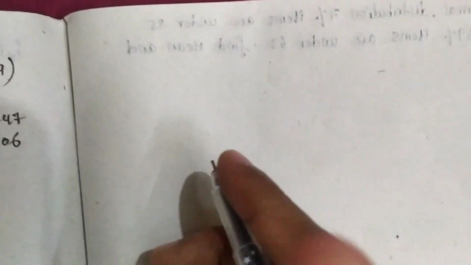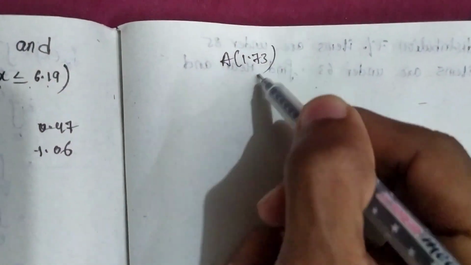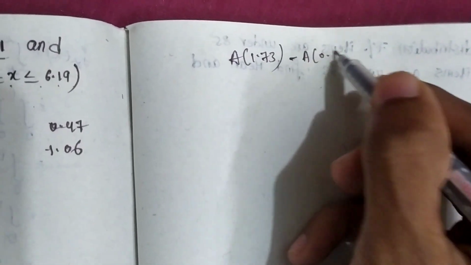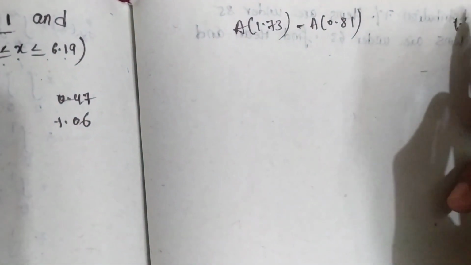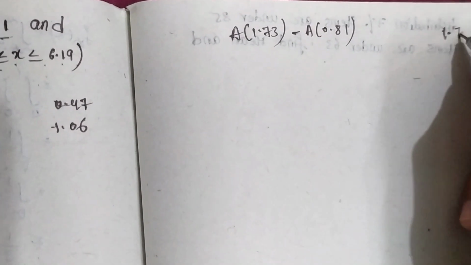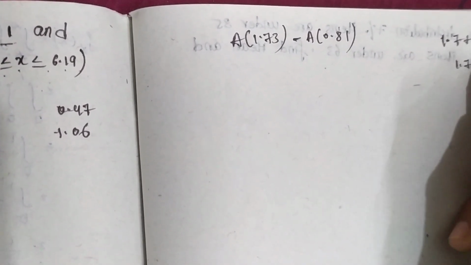We know that here it is argument of 1.73 minus argument of 0.81. Here 1.73 we can write as 1.7 plus 0.03.